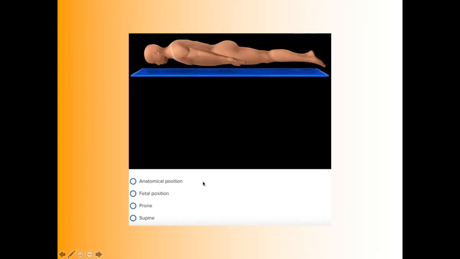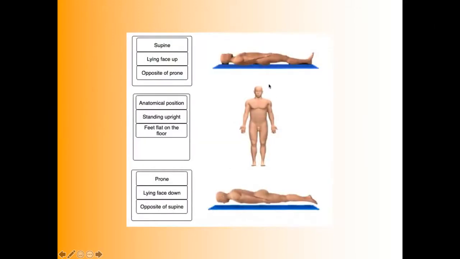We already know what anatomical position is. So here on the top, you can see you have these little drag and drop boxes. This came from one of the exercises that students had to do in one of my past labs. So in this position, we would say, well, they're lying face up. This is also the supine position, and supine is the opposite of prone.